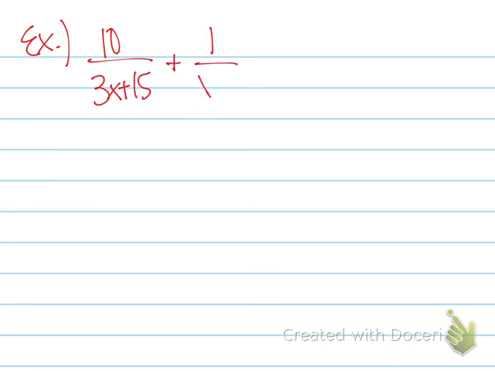All right, the next example is ten over 3x plus 15 plus 1 over x plus 5. Now, I cannot simplify the number 10. I cannot simplify the number 1. I cannot simplify x plus 5.